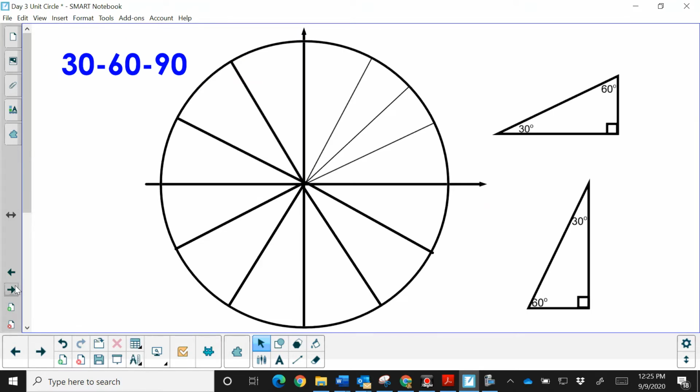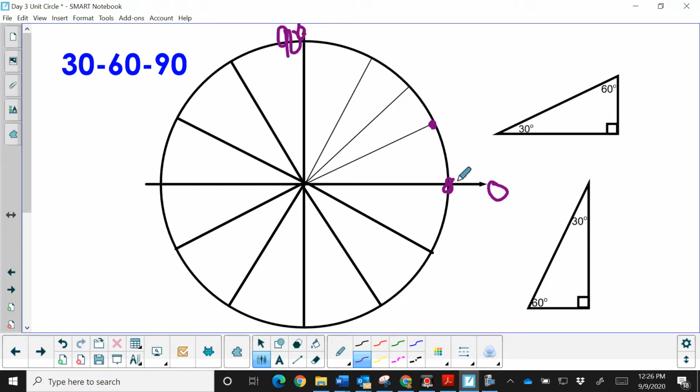So now let's build it out. Okay? So we're going to start with our 30, 60, 90. We're going to start with quadrant 1, 0 to 90 degrees. So the first position is this, well actually is this position. Now on a unit circle, the radius is 1.